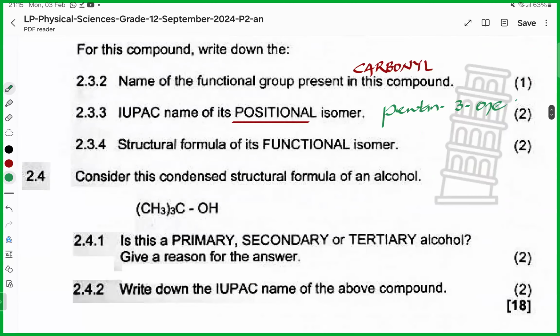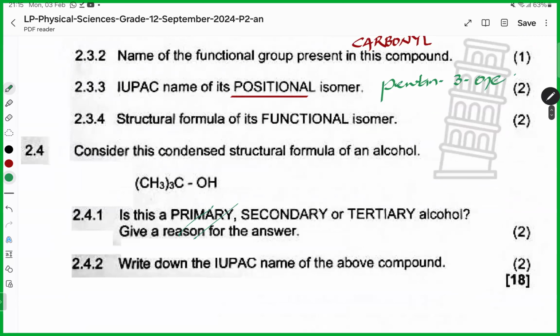We didn't do this yet, but we can do this last one. Can you give me the name of this compound, anyone? We did this one in class, actually. Alcohol.